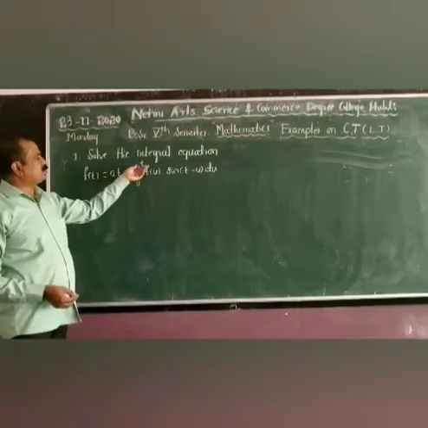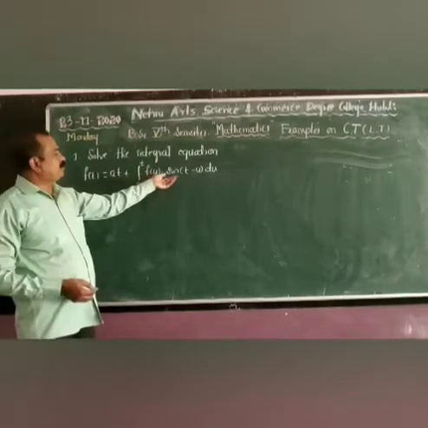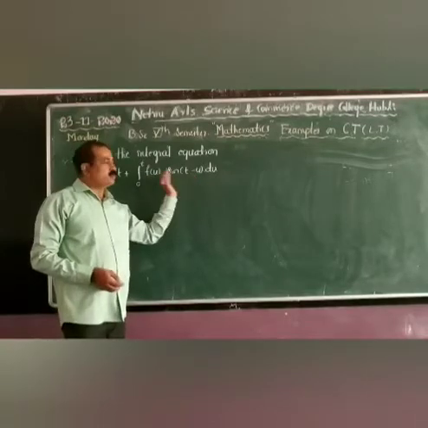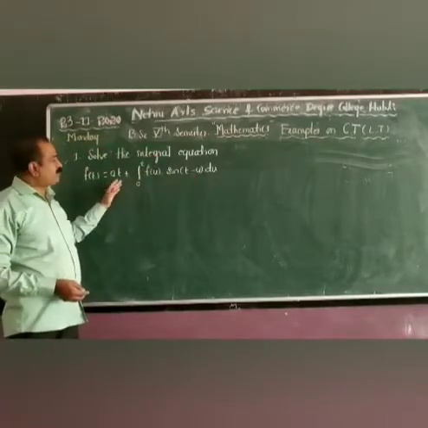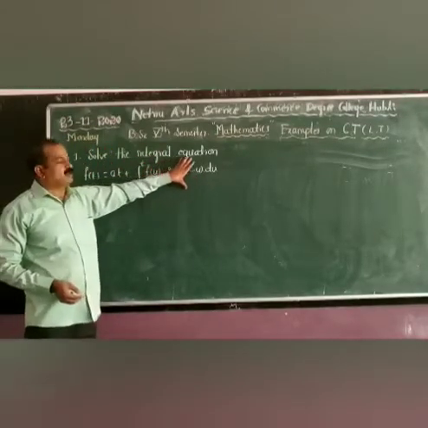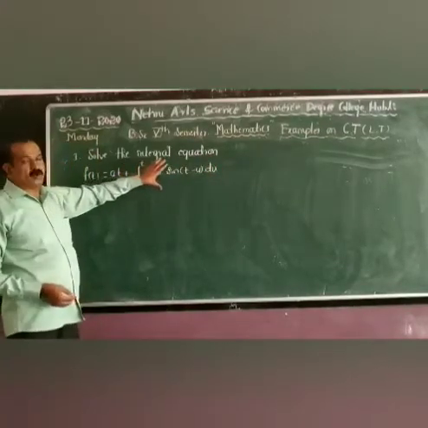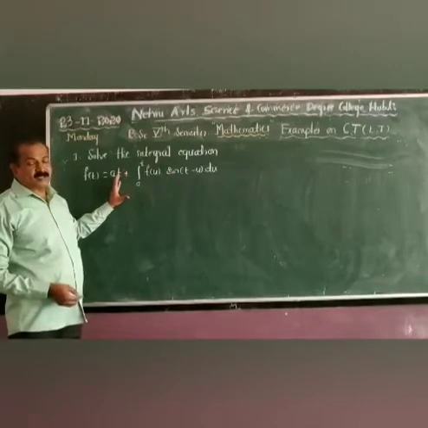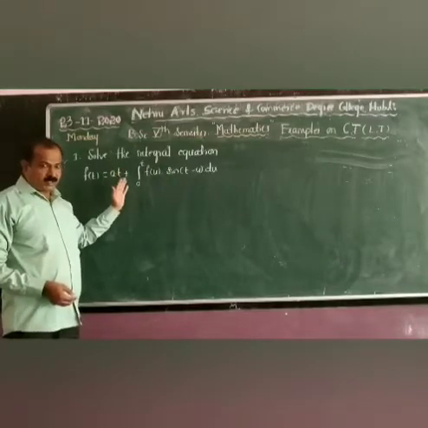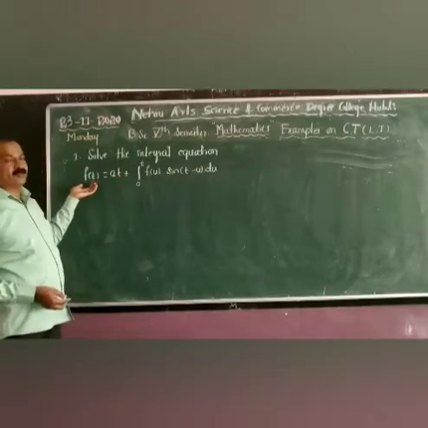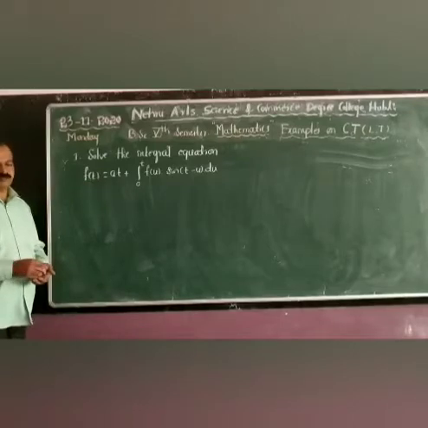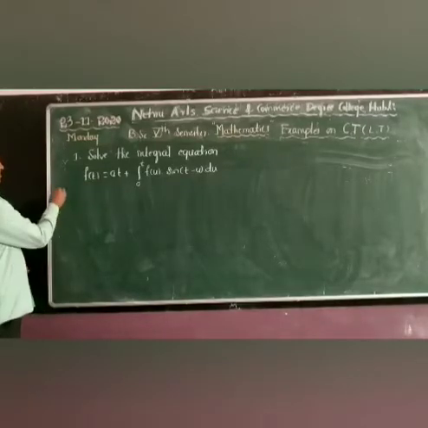The second term, integration from 0 to t f of u into sine of t minus u du, is often the convolution definition of f of t star sine t. But to avoid this integral part, using convolution we simplify and find the solution for the expression.